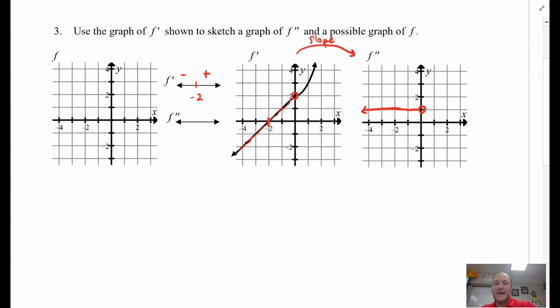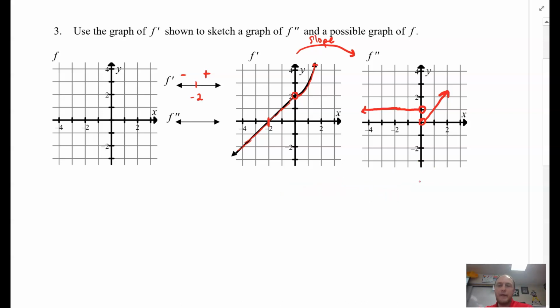All right, and then our graph starts out really low and it's increasing like this. Okay, so that's going to be starting at 0, and then we have a straight line. Okay, so that kind of looks like a parabola, right? Something like x squared. And if I asked you, okay, what's the derivative of x squared? That would be 2x. That's a straight line. So there is our f double prime graph.